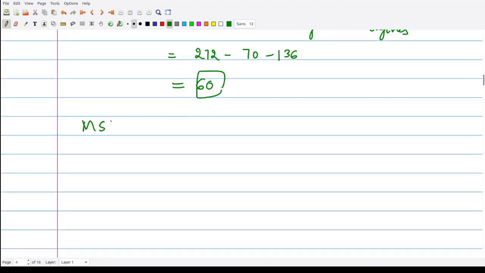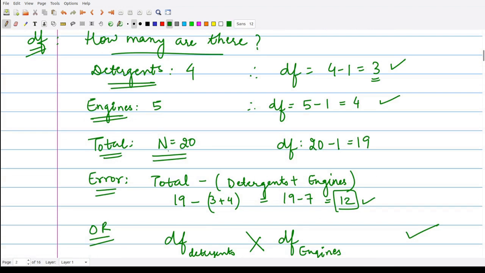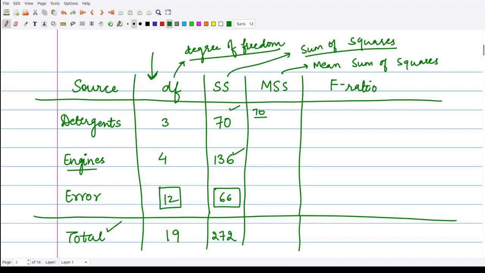Mean sum of square is calculated for each term when you divide the SS by the corresponding degree of freedom. So this is the formula. When you divide 70 by 3, you have this mean sum of square to be 23.3. Now for this term, when you divide 136 by 4, the degree of freedom, that is equal to 34. And for error, when you divide the 66 by this 12, you have this to be 5.5.